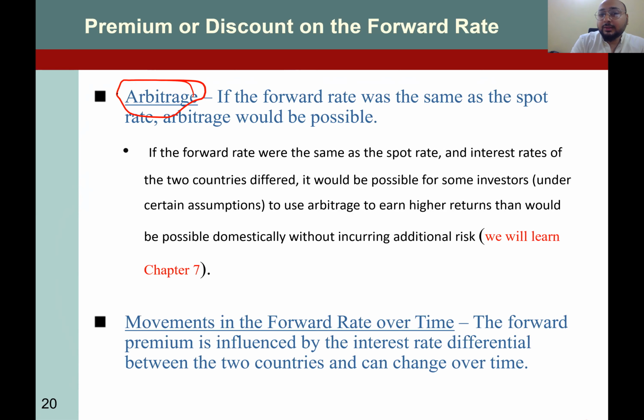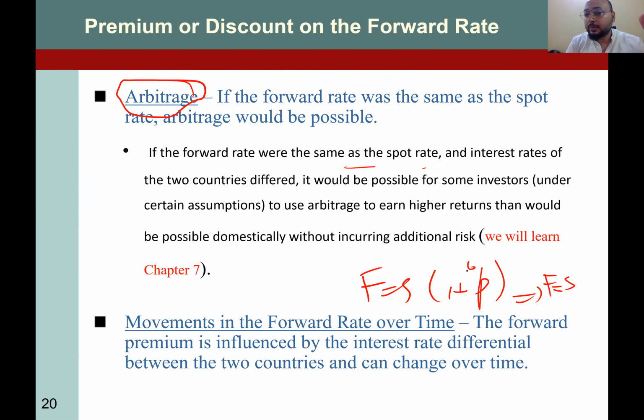So if the forward rate is equal to the spot rate, what does it mean? It means the premium is zero, right? In that case, we have this equation. If the interest rates of two countries are different, it would be possible for some investor to earn riskless profit. Why?